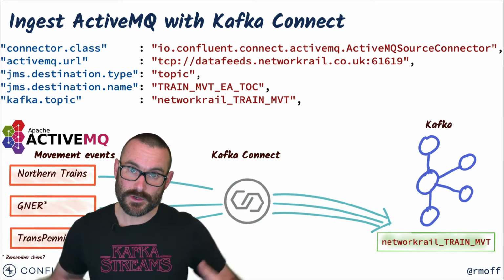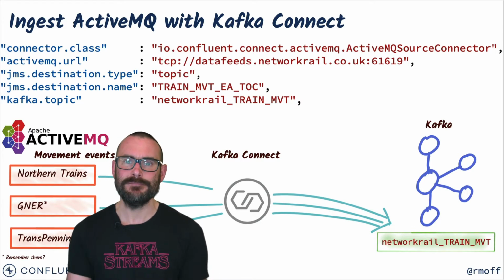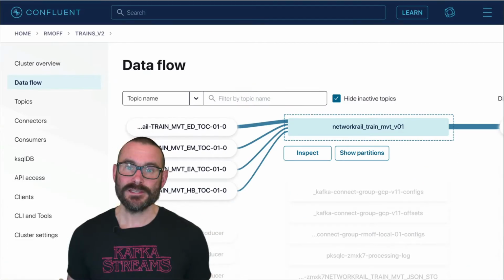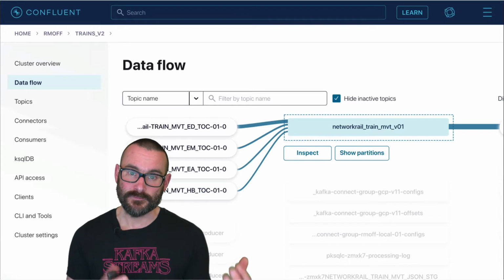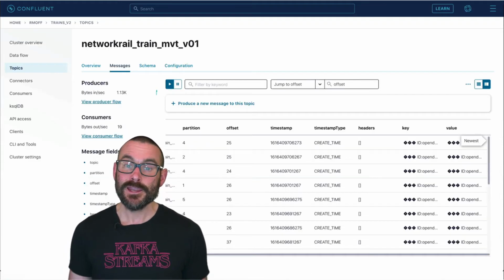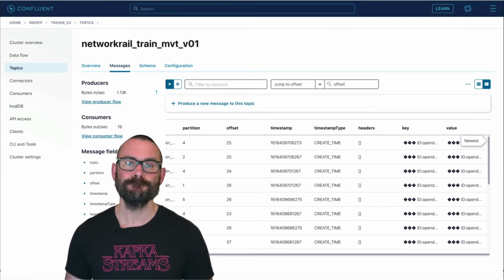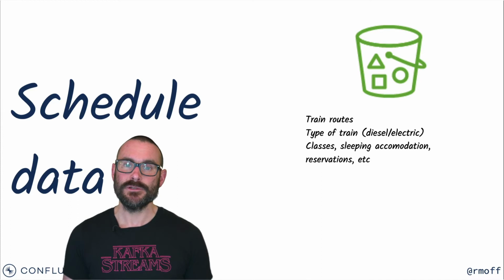They all stream through Kafka Connect into the same target Kafka topic because it's the same logical data. Once the data is flowing in, you can use Confluent to look at the flow of that data coming from the different places into the target topic, and you can inspect that topic to look at those messages as they arrive.